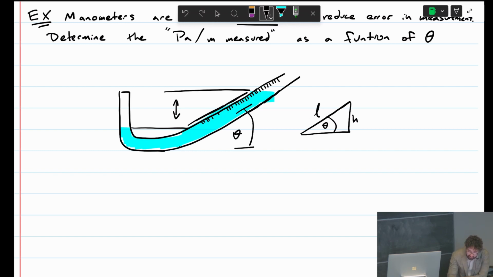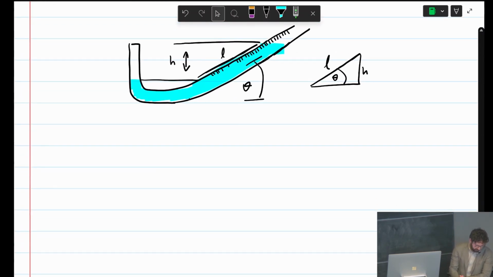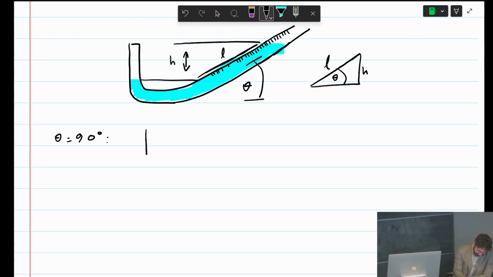So the actual thing you measure when you read this is that length L. But the thing that produces the hydrostatic head is, of course, H. It's not the length along the manometer, it's the actual height change. Okay. So say theta was 90 degrees. That's where you get your straight U-tube manometer, which is something like this.